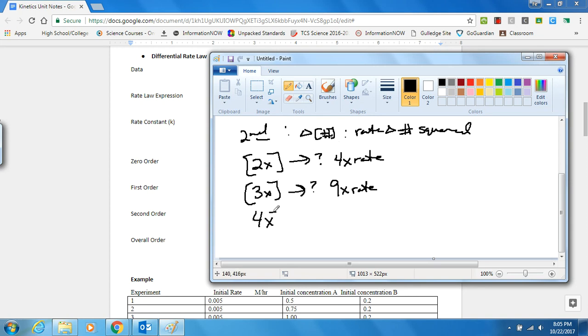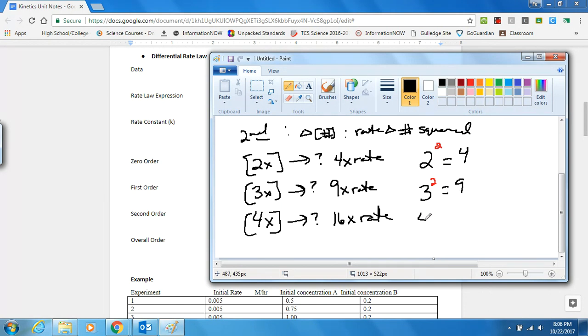Well, what if I even quadruple? What would that do? What's 4 squared? That's 16. So I have 16 times the rate there. How does this represent second order mathematically? Well, 2 raised to the second power, indicating second order, is equal to 4. 3 raised to the second power, indicating second order, is equal to 9.